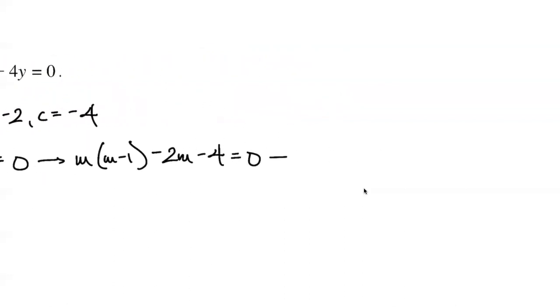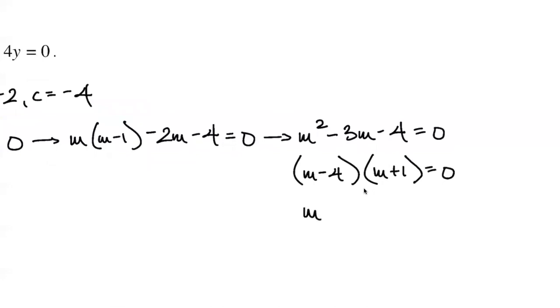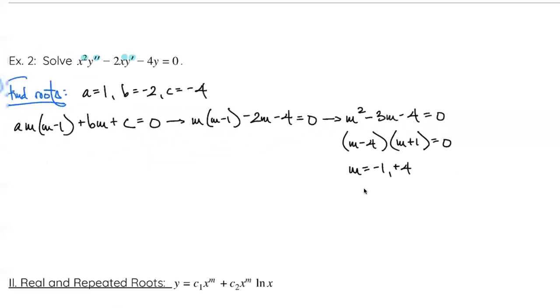Let's go ahead and do a little bit of algebra. m squared minus m minus 2m is minus 3m minus 4. Ooh, this is a nice factoring one, right? (m minus 4)(m plus 1) equals 0. And so we end up with two roots, m equals negative 1 and positive 4.